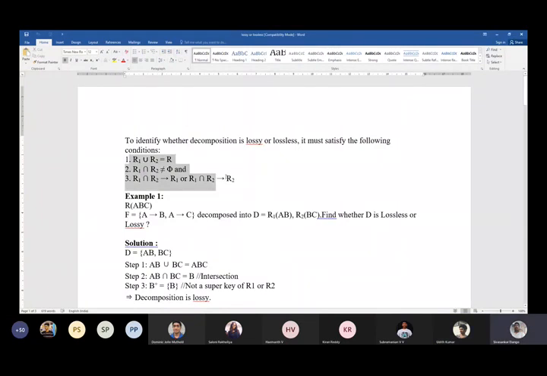Whenever you perform a decomposition, you need to check for 3 conditions. The union of the fragmented relations should give you back the original relation. The intersection should not be null. And the intersection of the fragmented relations logically determines either R1 or R2. R1 intersection R2 logically determines R1, or R1 intersection R2 logically determines R2.